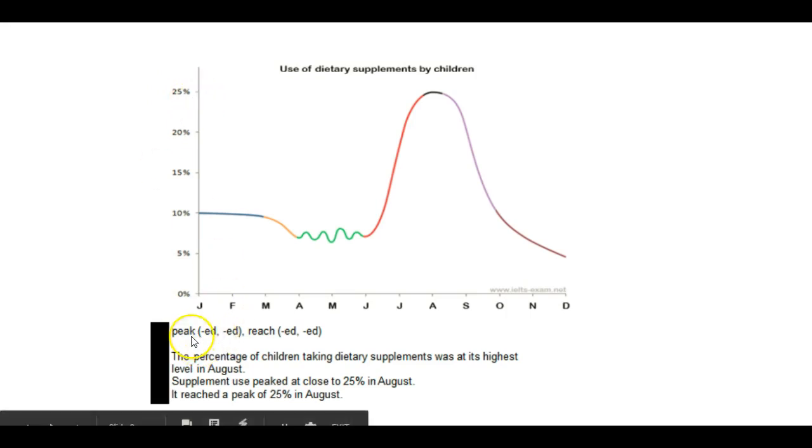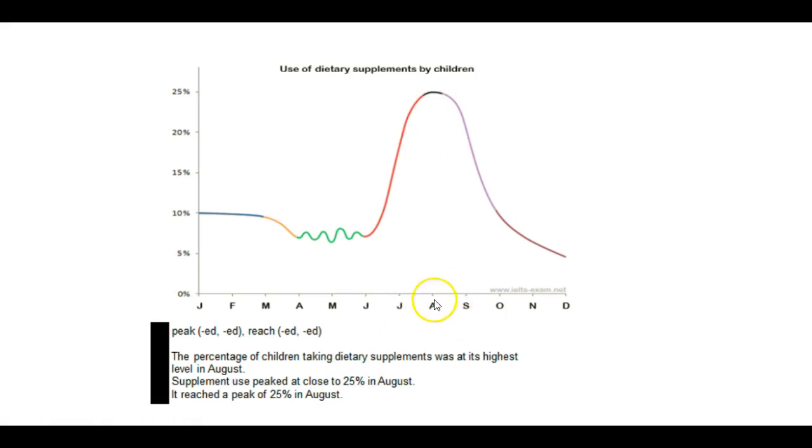So you can say a peak or reached a peak. The percentage of children taking dietary supplements was at its highest level in August. Highest level means peak, so it's the same. Or you can say supplement use peaked at close to approximately 25% in August. Don't forget to also include the period of time.